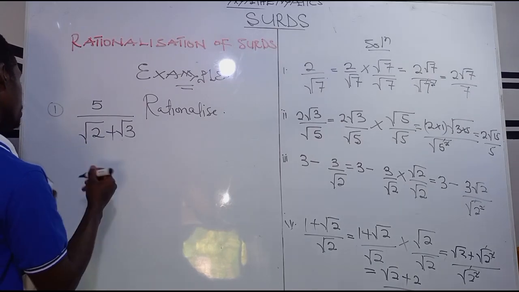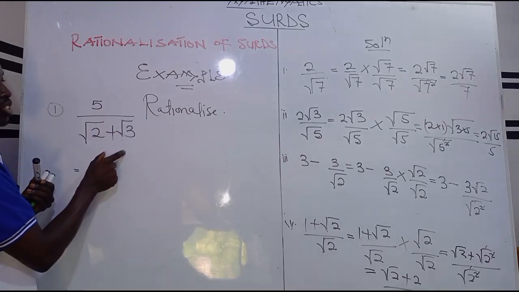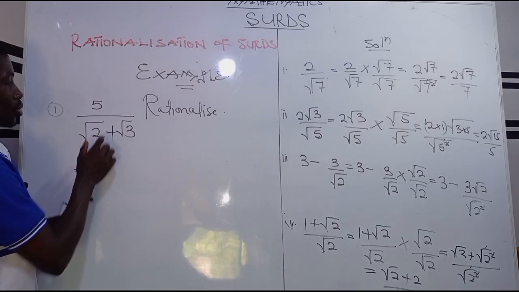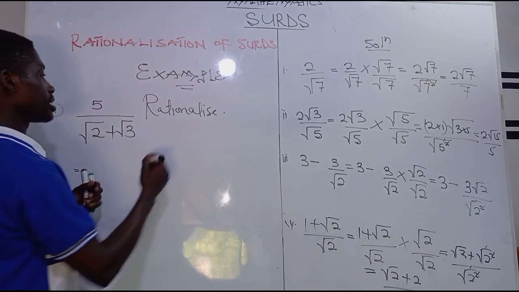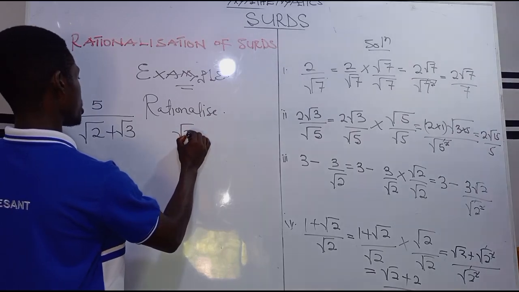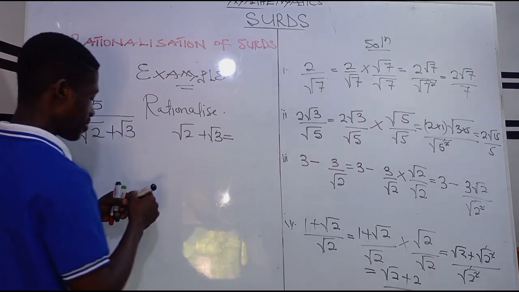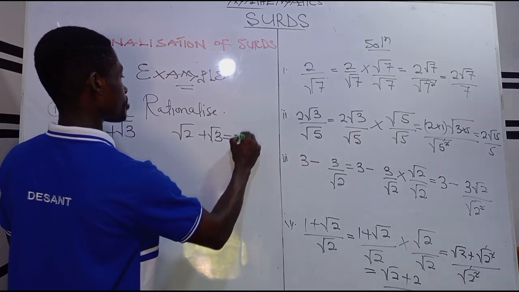So looking at this, what we are going to do is multiply the numerator and the denominator by the conjugate of the denominator. So we have to first identify our denominator. Our denominator is root of 2 plus root of 3. Then we have to find its conjugate. So the conjugate of the denominator is what?